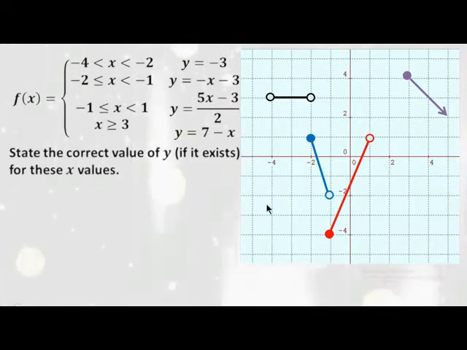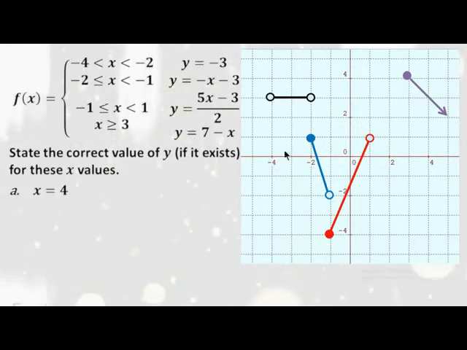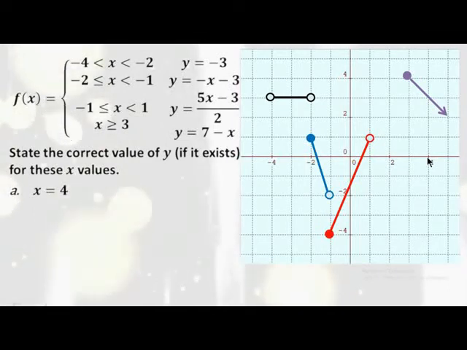Based on this one, state the correct value of y, if it exists, for these x values. The first one, for x equal to 4, we're going to find the value of y. For x equal to 4, we make a straight line and it will touch this equation.